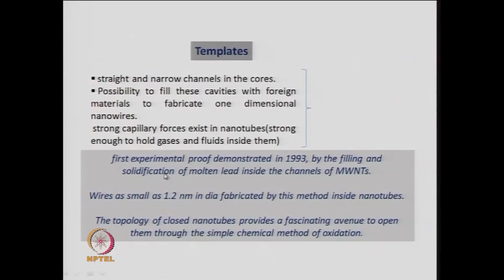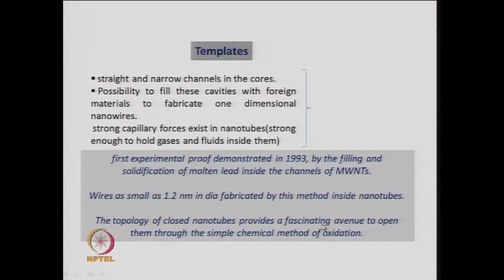The first experiment was shown in 93, where molten lead was filled in the channels of multi-walled nanotubes, and using that, wires as thin as 1.2 nanometers in diameter, that is 12 angstroms, were fabricated inside these nanotubes.